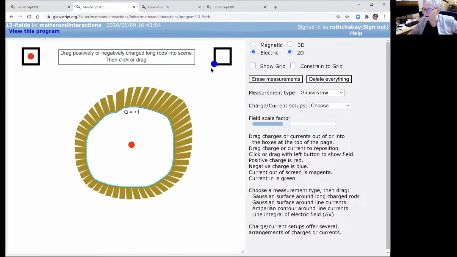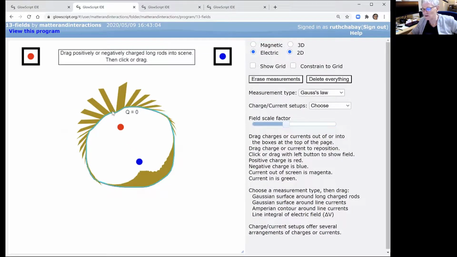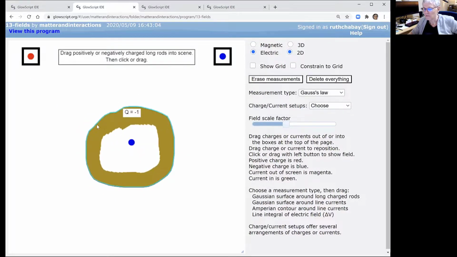Now, if we put a negative charge inside too, even though the electric field is not zero on the surface and we have a lot of positive flux near the positive charge, we have a lot of negative flux near the negative charge, and so it manages to add up to zero. And if we just have a negative charge, then we only have flux pointing in, and it's still giving us a -1.